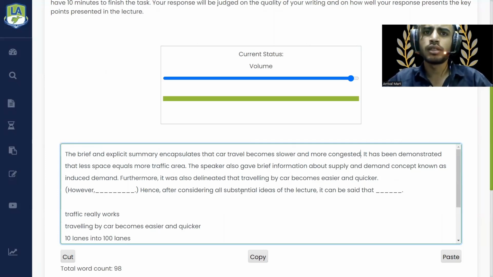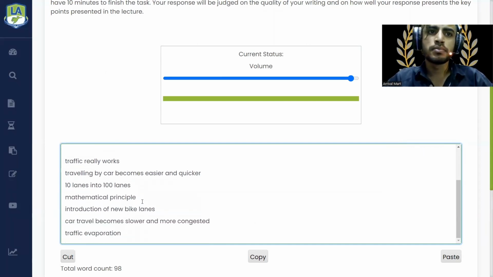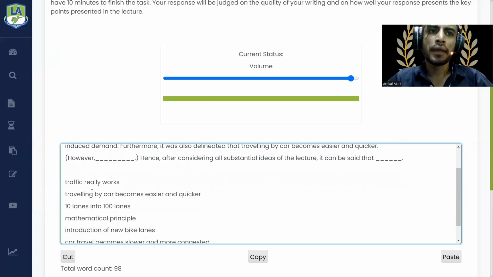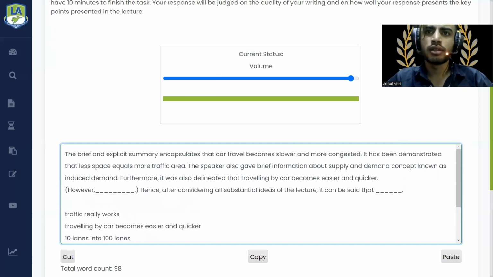However, hence, considering all substance of the lecture, it can be said that.